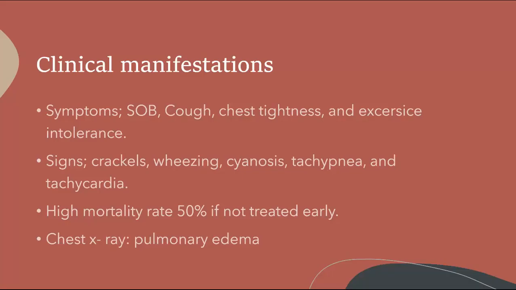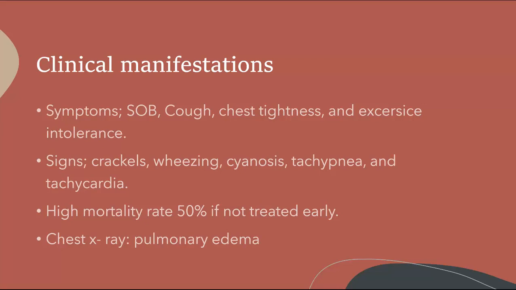So what are the clinical manifestations? The history is very important. The patient is going to have a history of being in those places. Symptom-wise, there is nothing really specific: shortness of breath, cough, chest tightness, exercise intolerance.